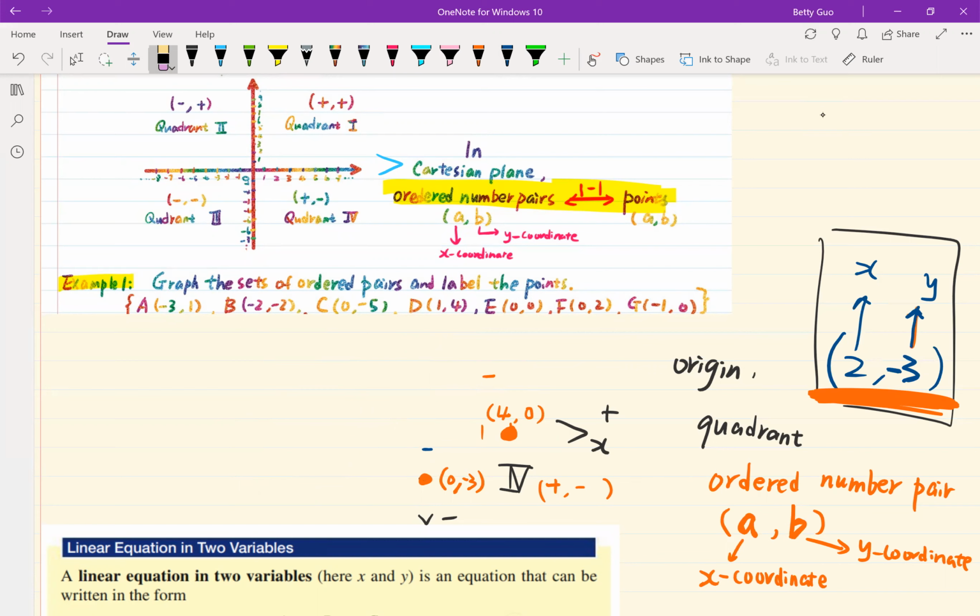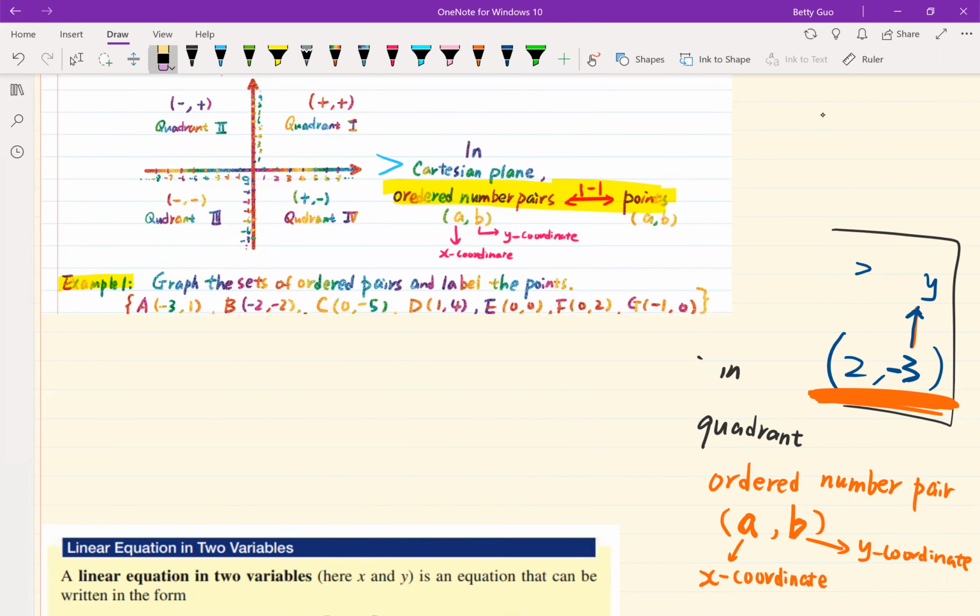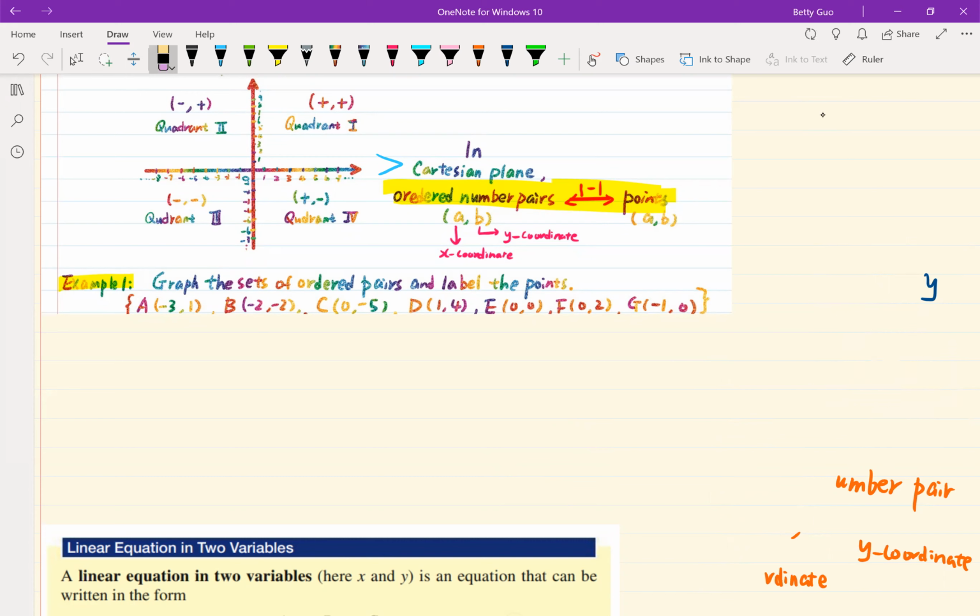Earlier we covered quadrants. We have 4 quadrants, right? Counterclockwise. And we talked about how any point in the rectangular coordinate system is defined by an ordered number pair.